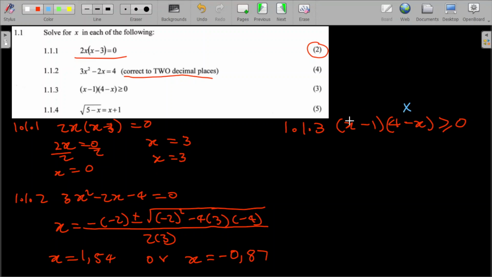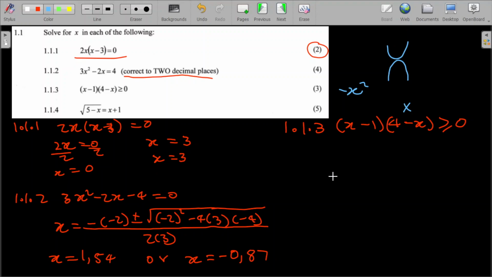So if you multiply the x's, this is going to give you a negative x squared. That tells you whether your function is facing up or facing down. Since it gives you a negative, our function is going to be facing down.